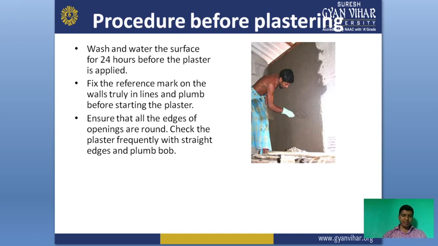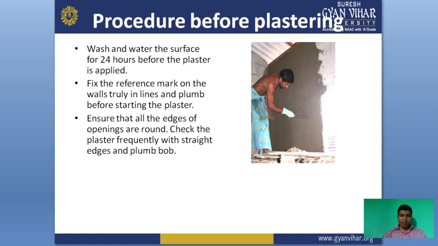The next is to fix reference marks on the walls truly in line and plumb bob before starting the process. Then we have to fix the marks on the walls. Third, ensure all the edges of the openings are rounded. Check the plaster frequently with a straight edge and plumb bob.